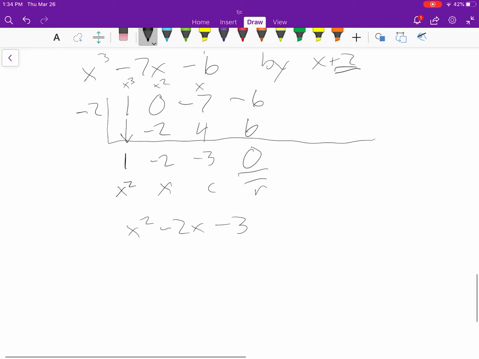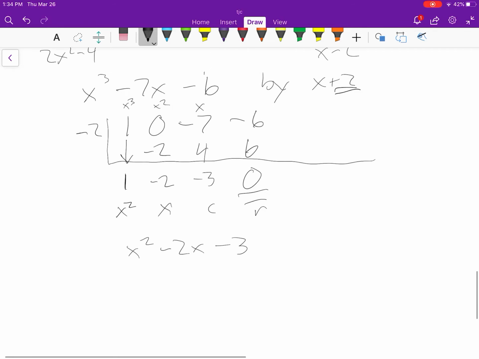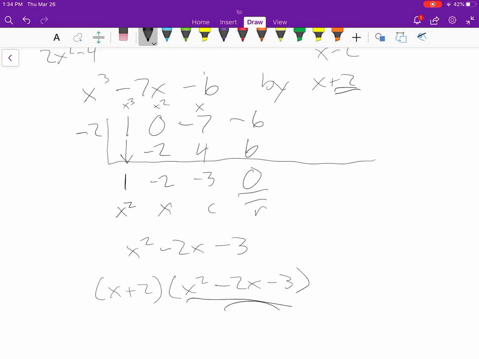Okay. And then, so we could say the factored form of this is x plus 2 times x squared minus 2x minus 3. And if you wanted to continue to factor, you would just factor this. Okay.